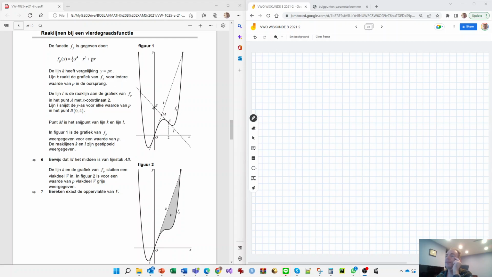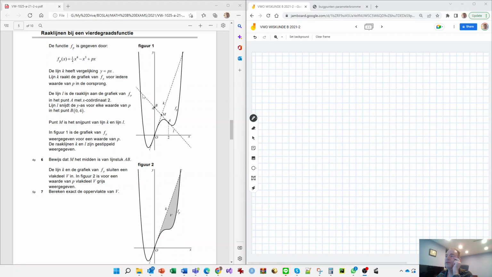Well, if I take the derivative in 0 of this function, that should be p. So yeah, that makes sense that this is a tangent going through the origin.